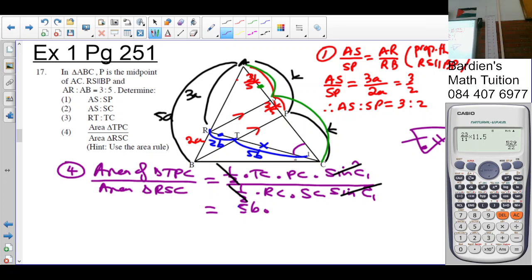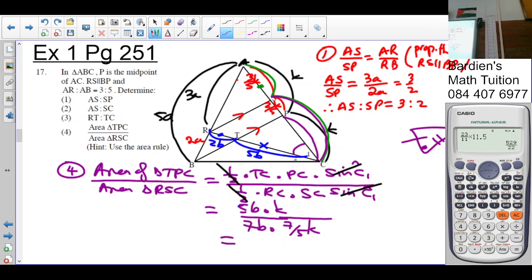It's going to be 5B times PC. PC is going to be K over RC. RC is going to be 7B times SC, which is this length here. It's going to be 2 over 5K plus K, which is 7 over 5K.